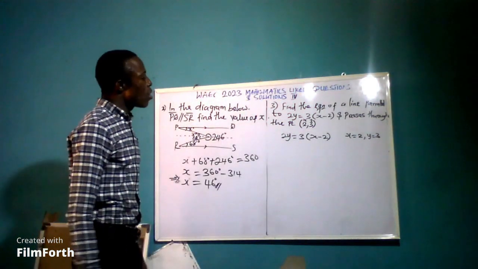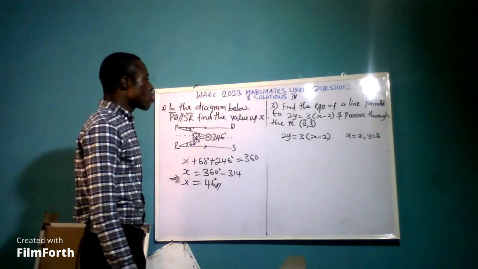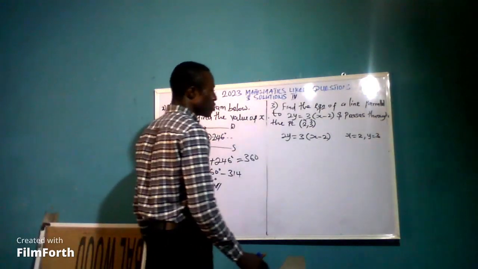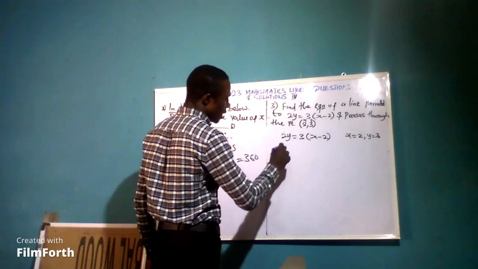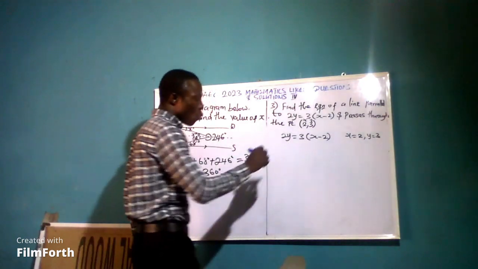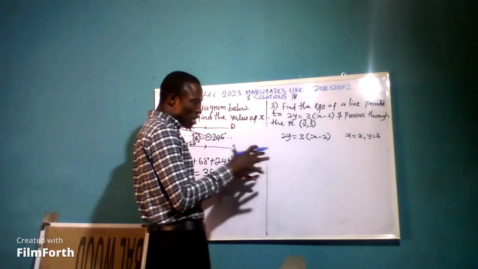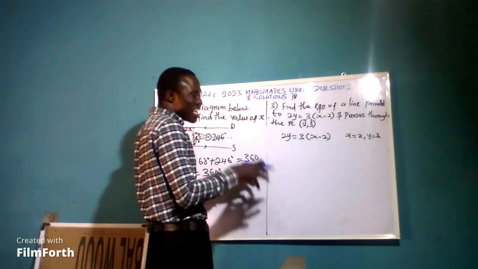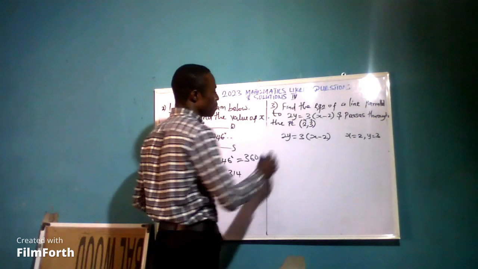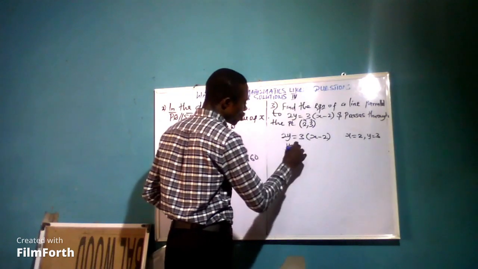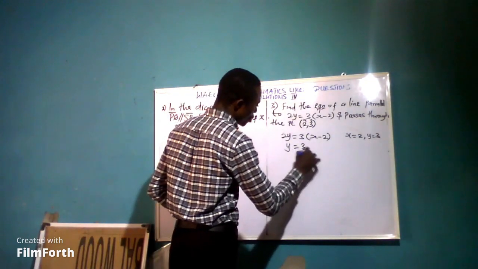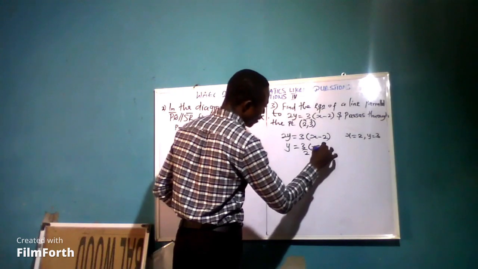Also, we have to simplify this equation. Let's simplify it by making sure that the coefficient of y is equal to 1, so as to make it to be in the form of the general equation for a straight line. So we have y equal to 3 all over 2 times x minus 2.